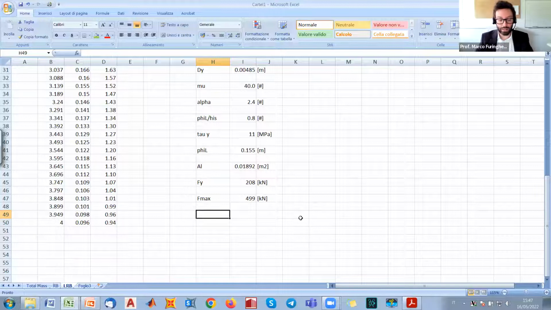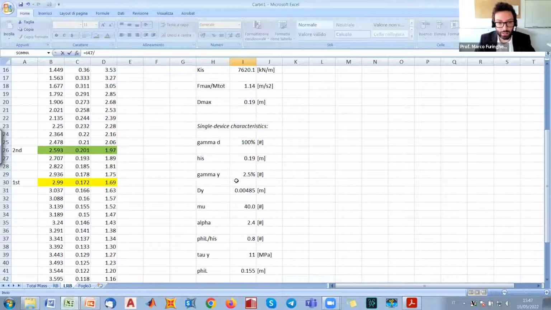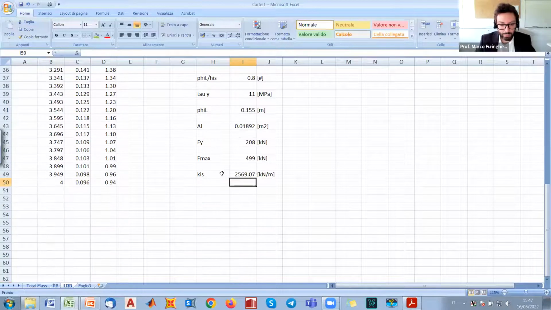Let's assume now the number of isolation devices so that we can ensure if the design is correct or not. So we compute the single device stiffness, which is kilonewton over meter, which is just the maximum force of the single device divided by the displacement demand, so F max divided by D max.